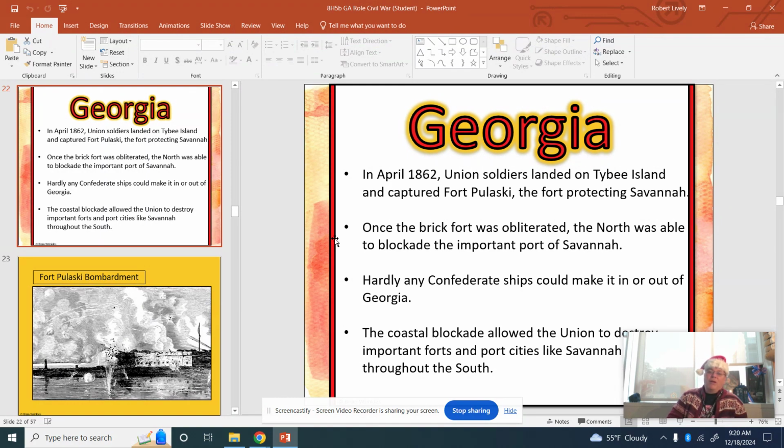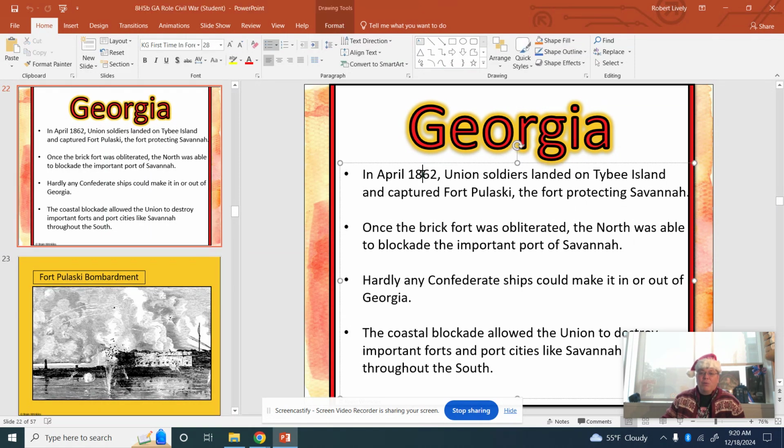The North was able to blockade the important port of Savannah. Hardly any Confederate ships could make it in or out of Georgia. Now, this is going to be important, this April 1862 date. That's basically when Savannah fell into Union control. It's no longer controlled by the Confederate Army or the Confederate Navy.